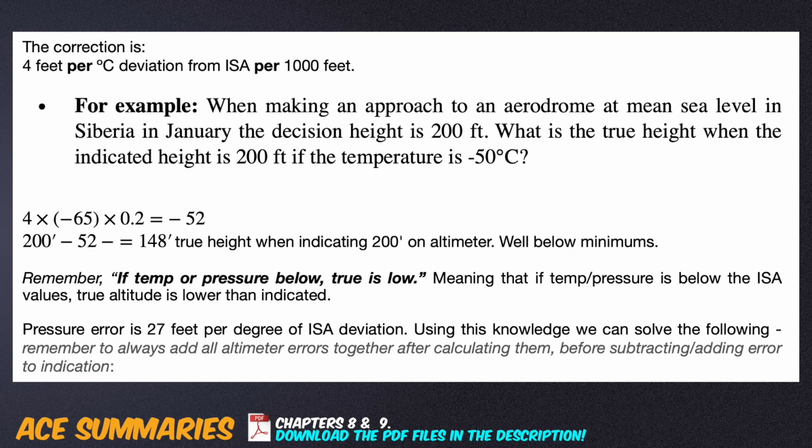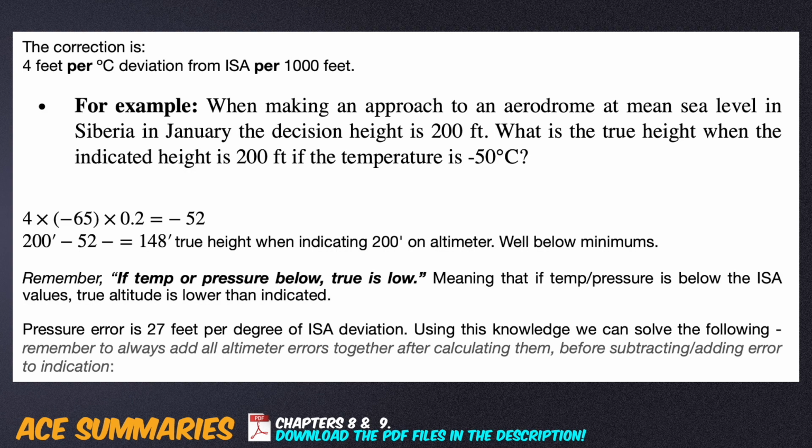For example, when making an approach to an aerodrome at mean sea level in Siberia in January, the decision height is 200 feet. What is the true height when the indicated height is 200 feet if the temperature is minus 50 degrees Celsius? For this, we do 4 times minus 25 times 0.2, and we get minus 52.